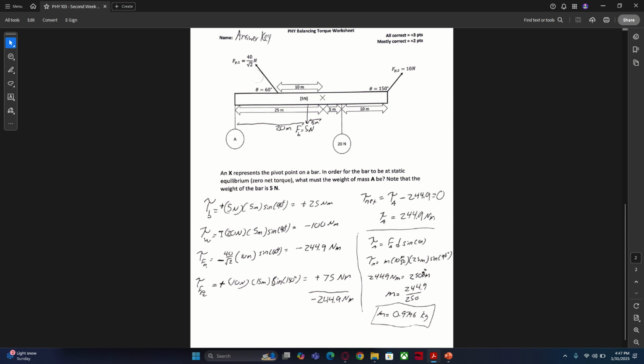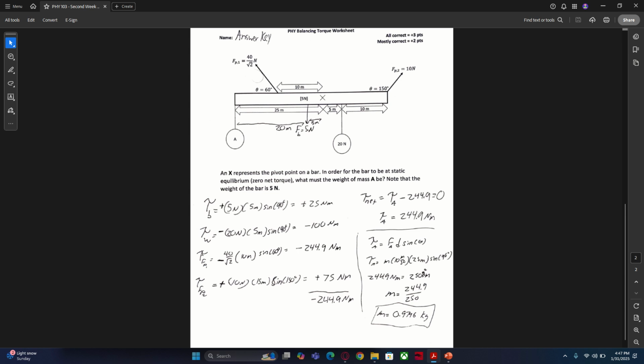And the reason why I have a negative sign here is because the force of gravity for this weight is straight down, but as we start bending it toward our point of rotation, that is going to be clockwise rotation. And clockwise rotation is negative in the torque vector. So negative times 20 times 5 times sine of 90 degrees should come out to negative 100 Newton meters.